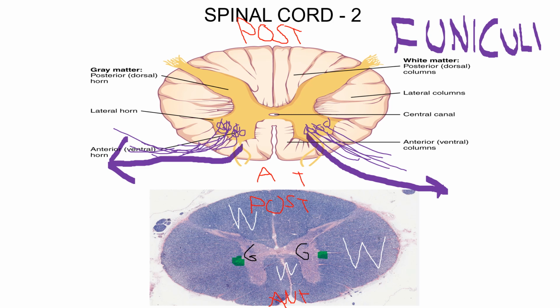So, same thing, I'm going to do this in red, there we go. If we have a bunch of cell bodies in the dorsal horn, they're going to also send axons out.